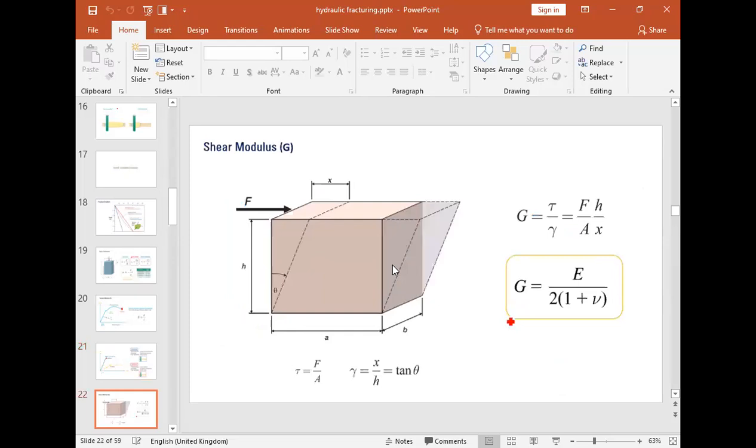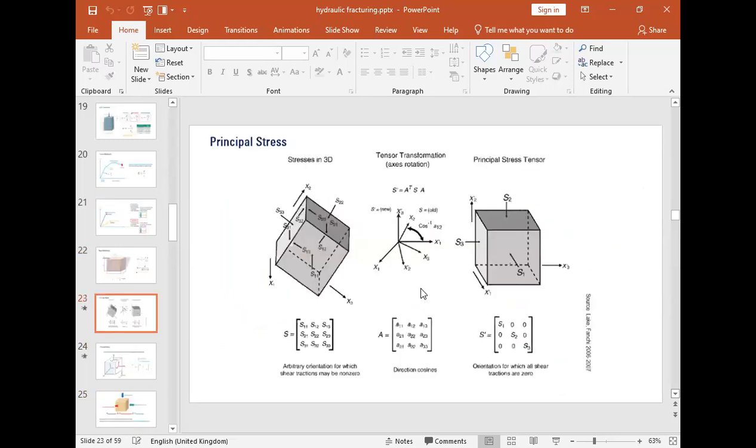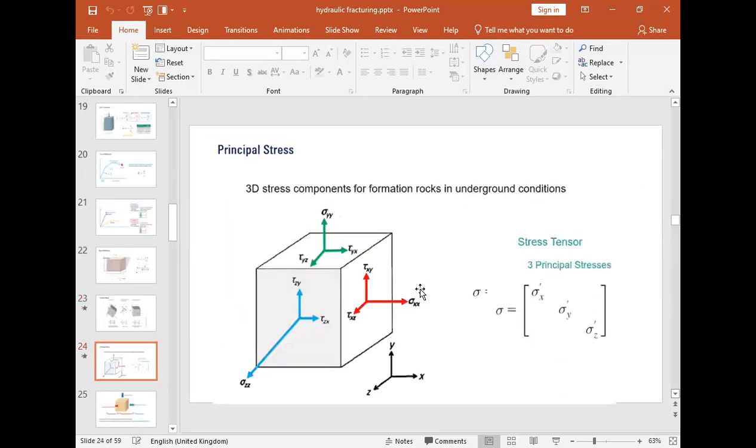So for shear modulus, these are things that also have to come in. What are the various changes that take place as the material is being stressed and all of that? So these are all aspects that need to come in also. So we know that generally, if we have a rock that is in a cubic form like this within our reservoir, when that material is stressed, this stress is acting in different directions.